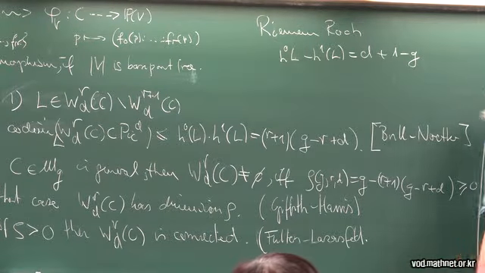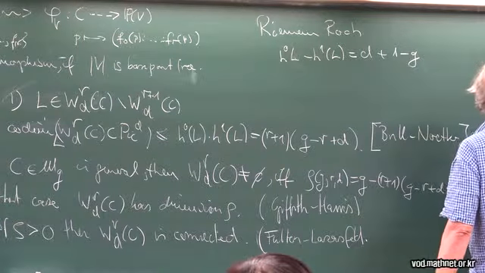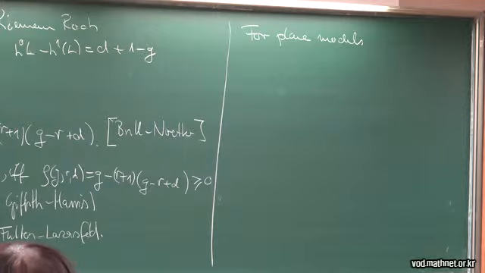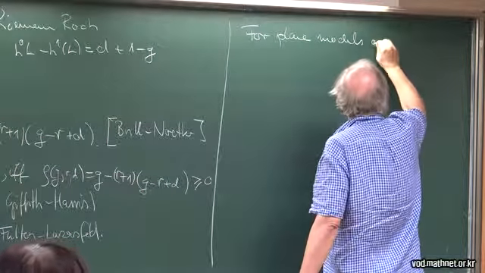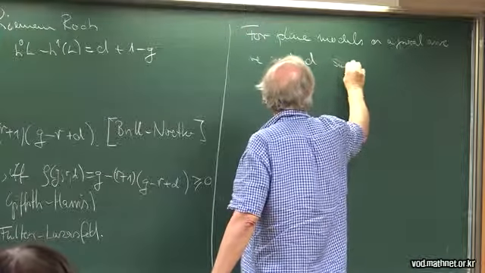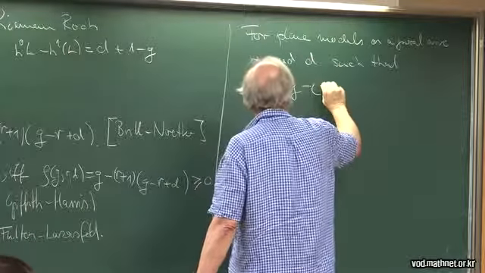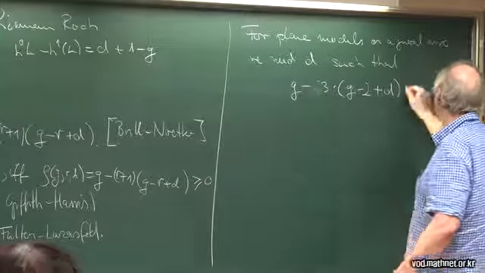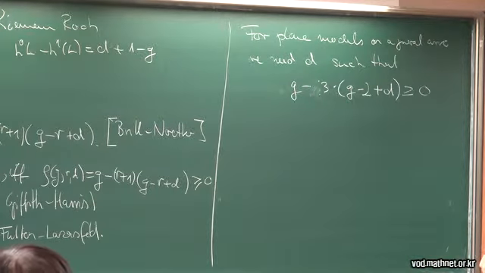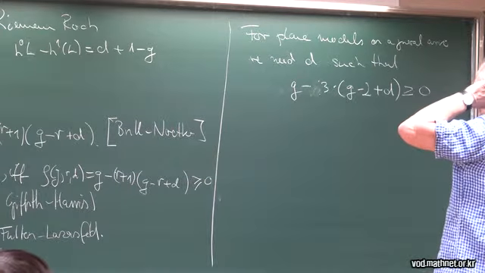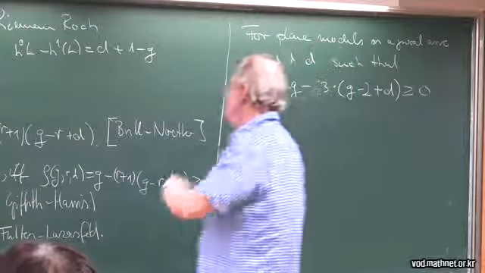So, for plane models of general curves, we need d such that rho is greater or equal to 0, which is equivalent with what? Did I do this? I got this number wrong.